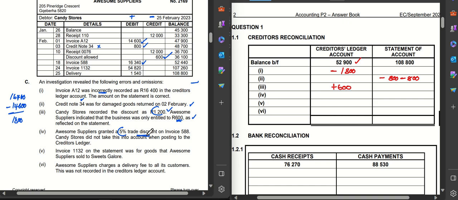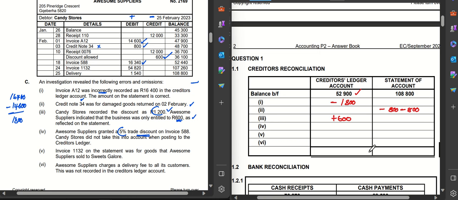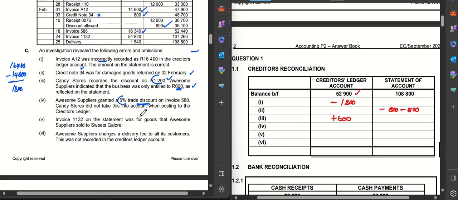So they granted us a trade discount, and then we did not take that into account. So how much was it before the trade discount? You can do that one, or you can simply get the amount after trade discount. But let's get the amount before trade discount. So the amount before trade discount was 100. And the amount after the trade discount, that is on the invoice, is now 95.